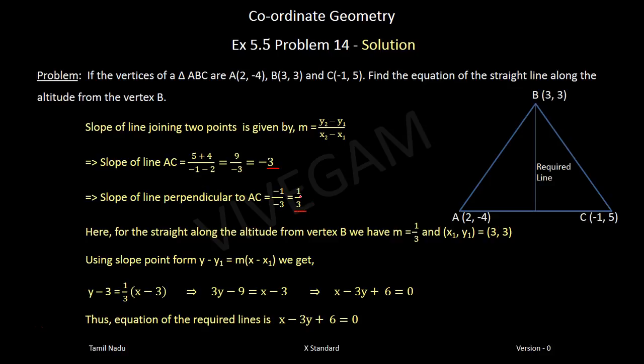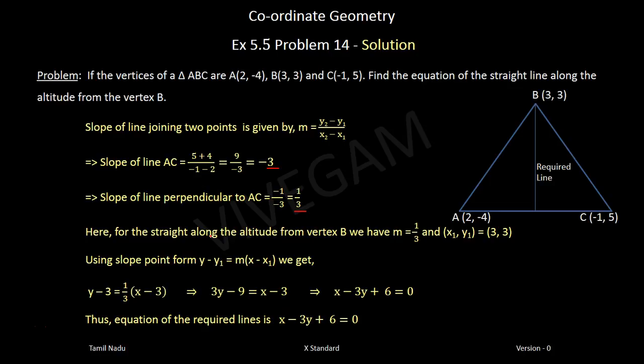To verify, multiply minus 3 into 1 by 3, you get minus 1. Please understand, the slope of the perpendicular line is the negative reciprocal of the value. Here it is minus 3, so the negative reciprocal is minus 1 divided by minus 3, that is 1 by 3.